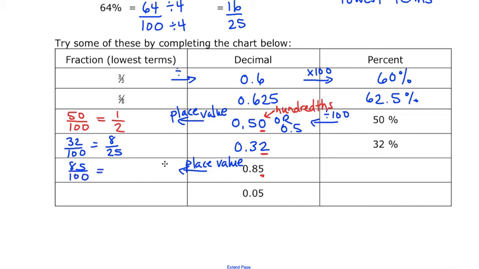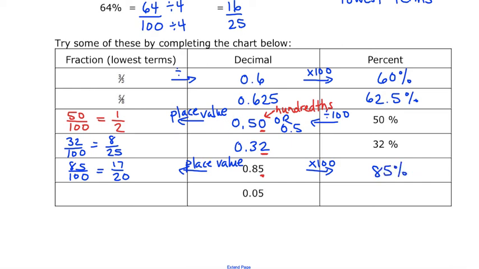And then we're going to find a number that will divide evenly into both the numerator and the denominator. In our case, it'll be 5. And our answer in lowest terms would be 17 over 20. And from a decimal number to a percent, we times by 100. So we move that decimal place 2 spots to the right to give us 85%.